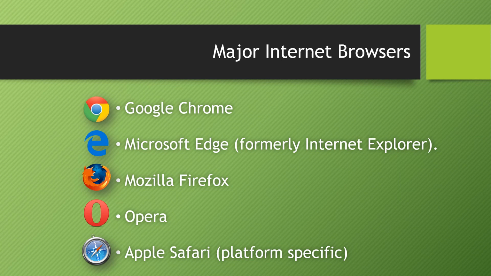Actually, Internet Explorer had a lot of problems, and I can tell you for a fact it doesn't work right on most of our school software. The older Internet Explorer, the Microsoft Edge works fine. Also, there's Mozilla Firefox and Opera. Opera is well known for running on many different platforms, including older operating systems, and then the platform-specific Apple Safari browser as well.